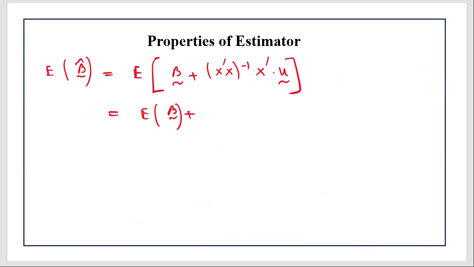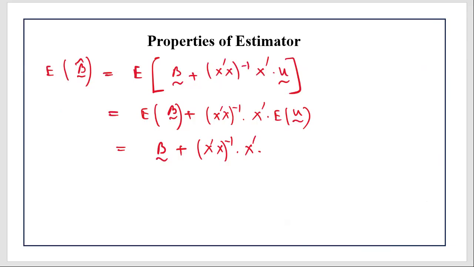Here X is non-stochastic, so expectation will not be taken on that. Expectation falls only on the random variable, so here you will have only the expectation of u. Beta is the population parameter, which is a constant, a scalar quantity. So the expectation of beta will be simply beta, plus this term with the expectation of u.